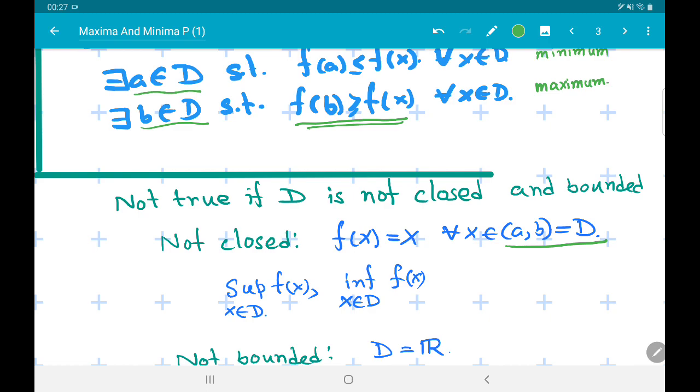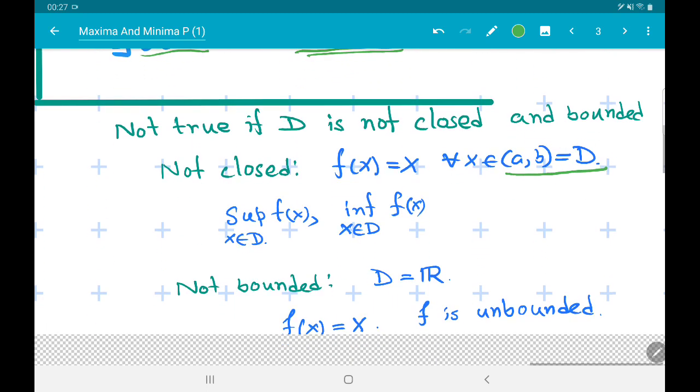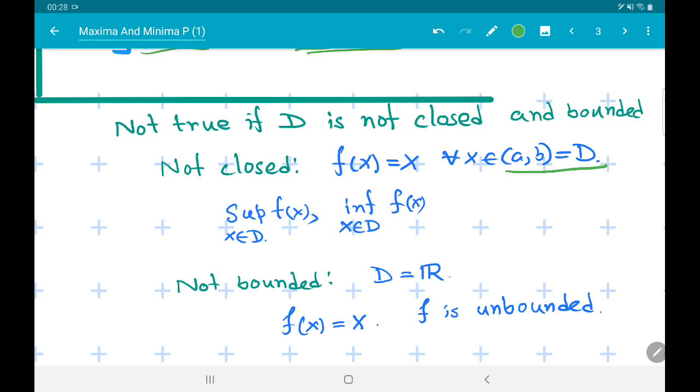Then you can see that even though the supremum and infimum of the function exist, they are not attained by any point in the open interval. So even though the supremum and infimum of f exist, the maximum or the minimum of the function does not exist in D.